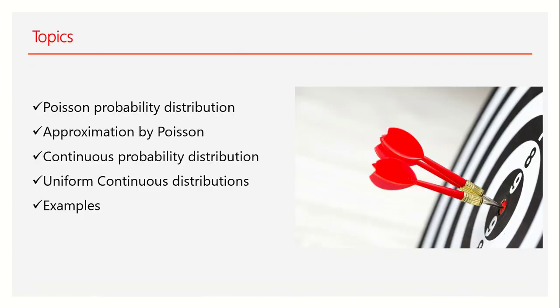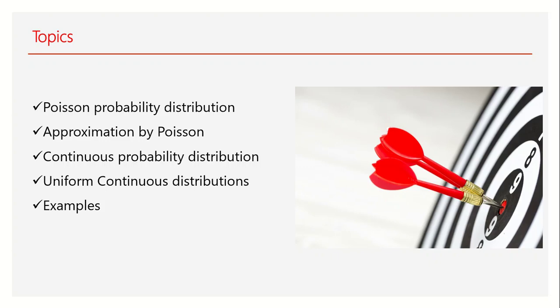We will have a quick review of the Poisson probability distribution, and we will give you one example of approximation by the Poisson distribution for the binomial distribution, as we promised.